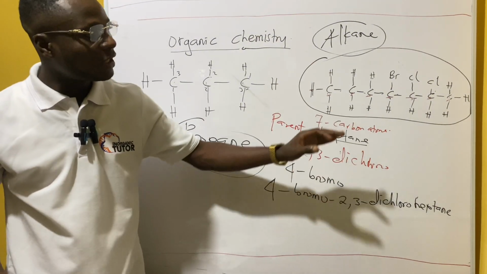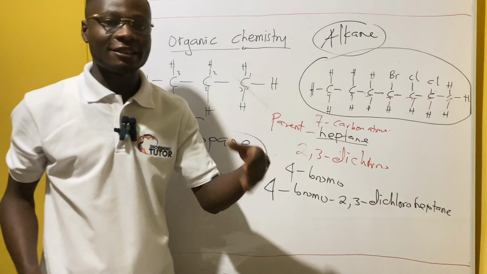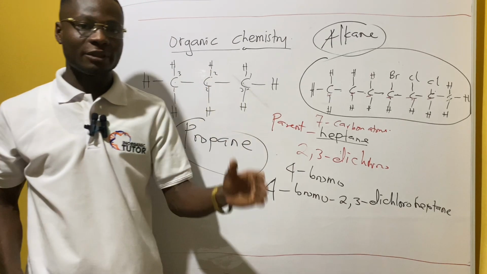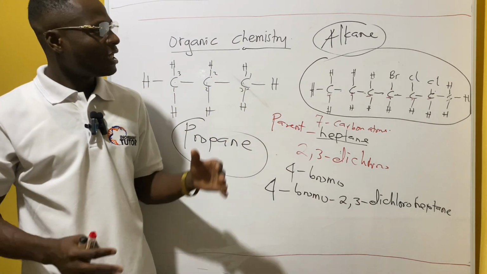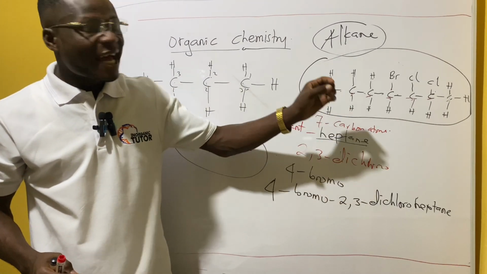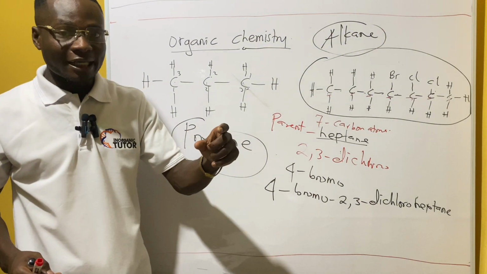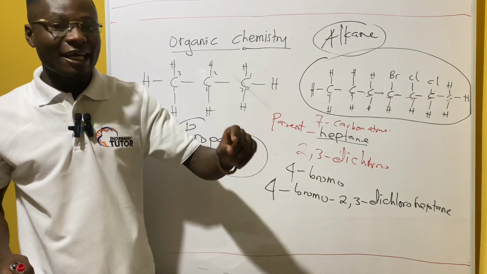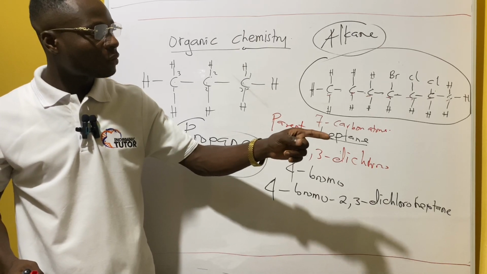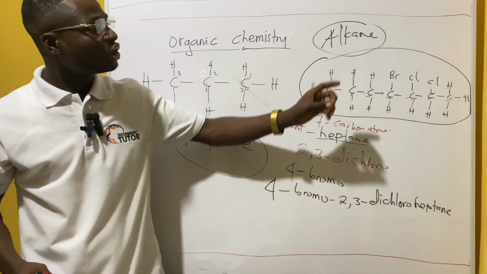So once you are done with that, then you consider if there is any substituent. This substituent is a molecule or an element that replaces the hydrogen atom on the carbon atom. Good.